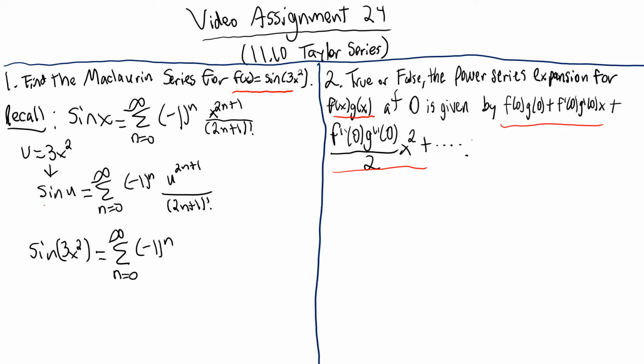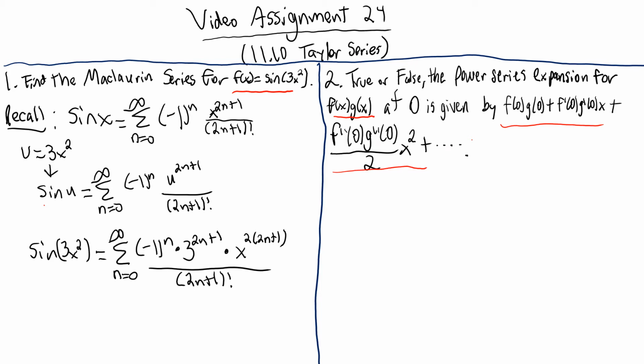And now that we have 3 times x squared, we can basically separate the 2n plus 1 when we raise to power to get -1 to the n multiplied by 3 to the 2n plus 1. And then we can multiply that by x squared to the 2n plus 1, and that's all over 2n plus 1 factorial.